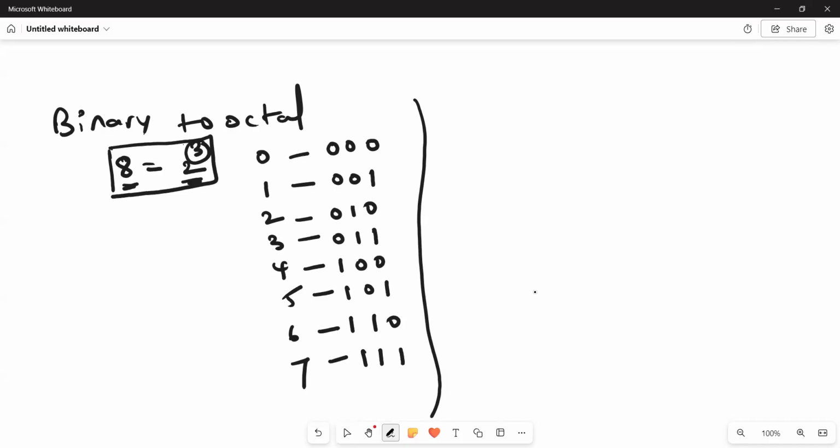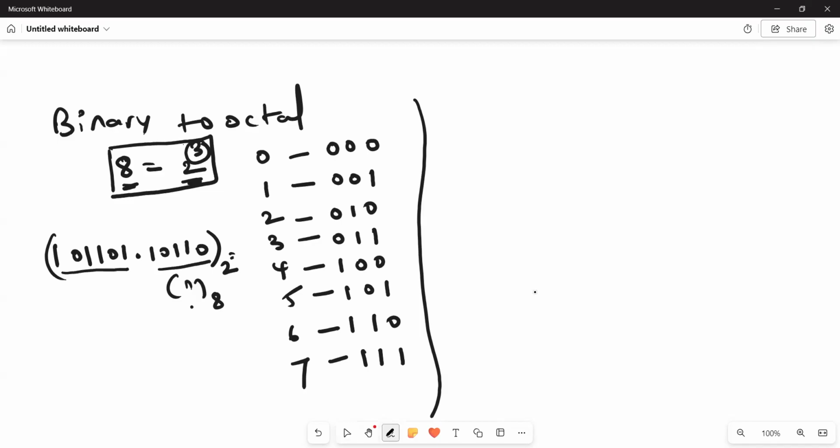Now, binary to octal. Some binary number is given, and you are asked to convert it to its equivalent octal number. First of all, you need to know this table. There are two parts here: the integer part and the fractional part.